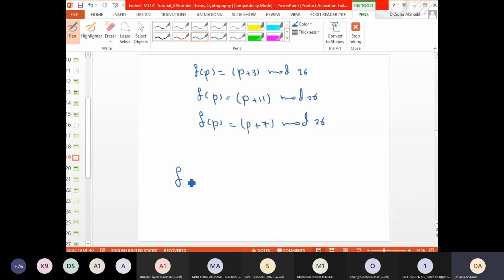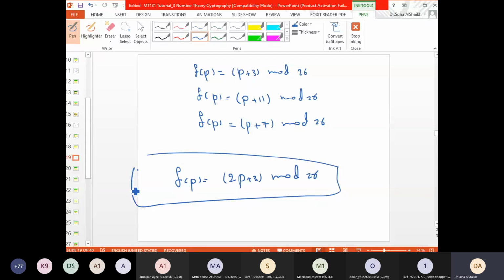It could be the function f of p is equal, for example, 2p plus 3 mod 26. It's normal for the function to be of this form. Okay, so the function differs from one question to another, depending on what they want in the question. Okay.